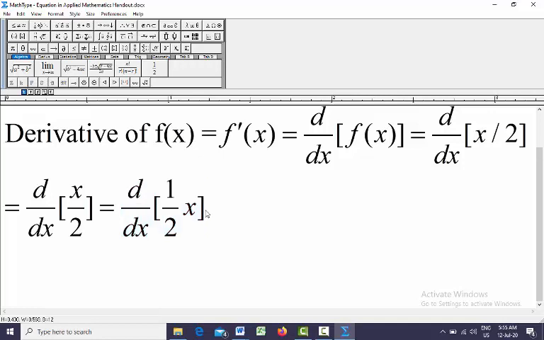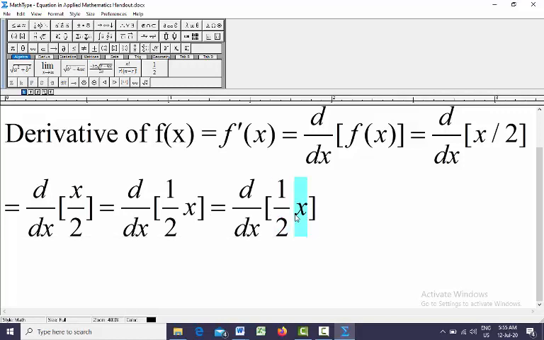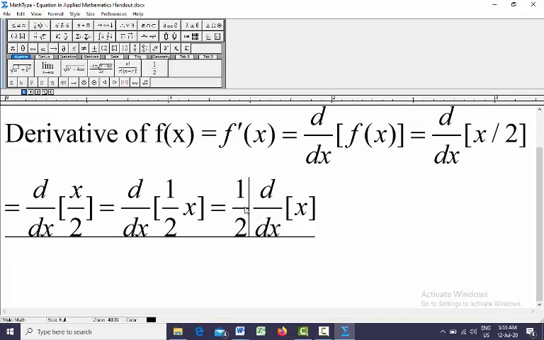And then, as I said before, this half is in multiplication with x, so this half is the coefficient of x. You need to bring this one outside.